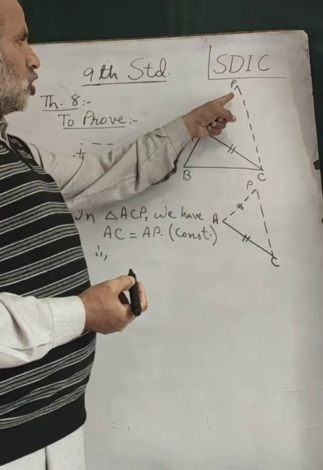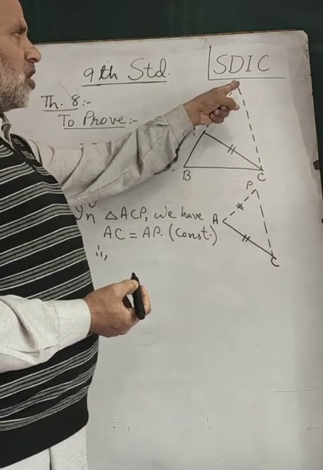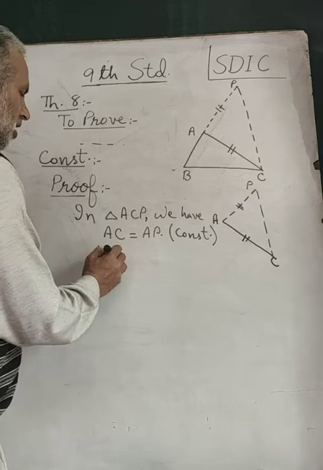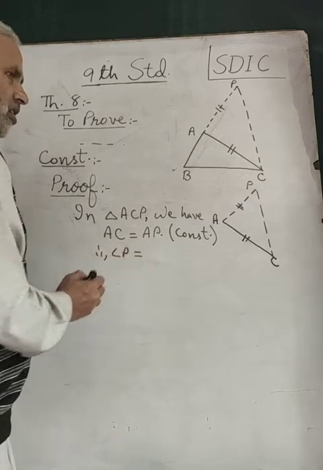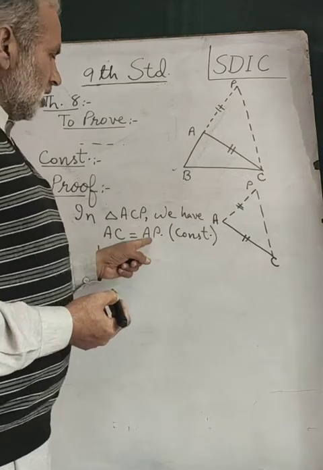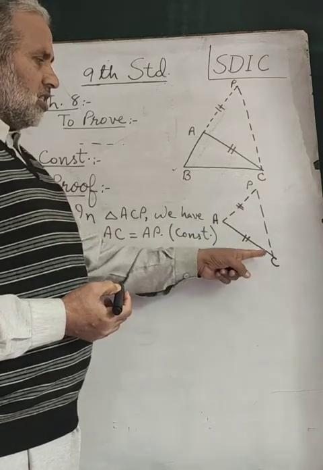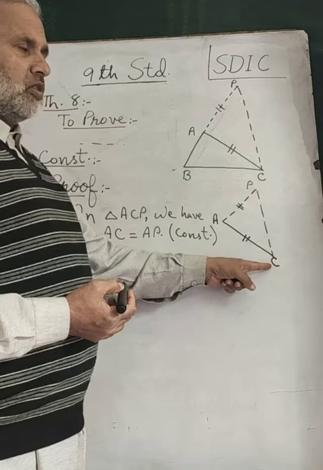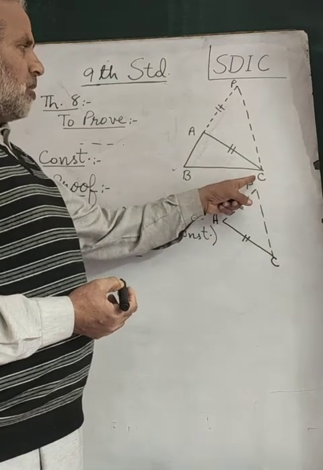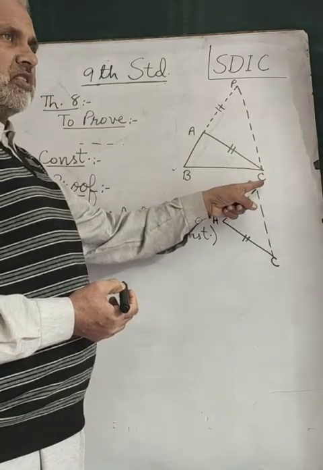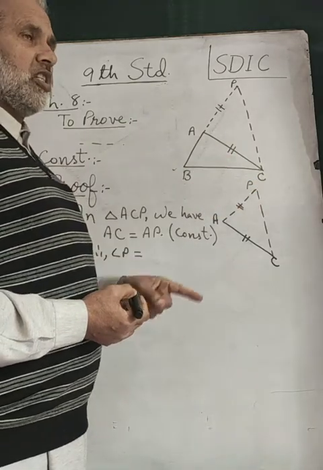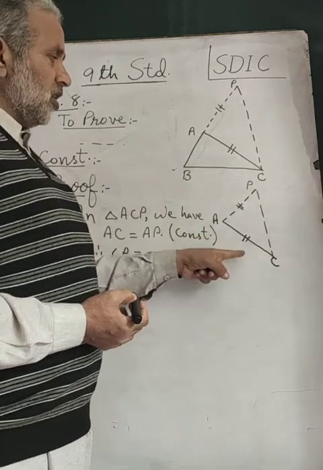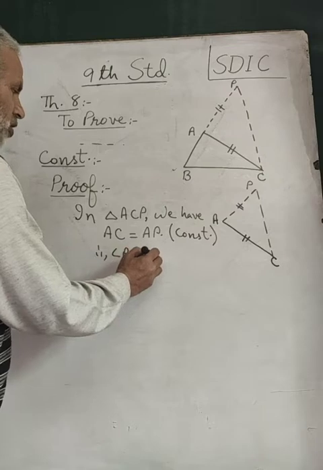We find in the actual figure also at P only one angle is formed. Therefore you can write the short name, angle P is equal to. But when we come to the side AP, its opposite angle is at vertex C. Should we call it angle C? No, you have to see in the actual figure. Many angles are formed there with vertex C. Therefore, it will be better you give the full name, and the full name is angle ACP, is equal to angle AC.